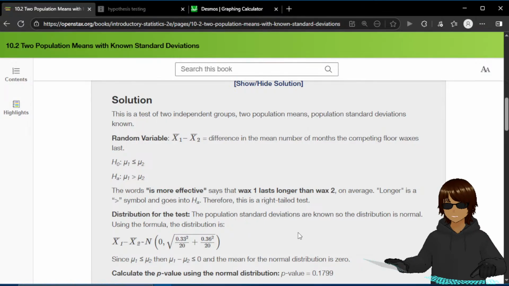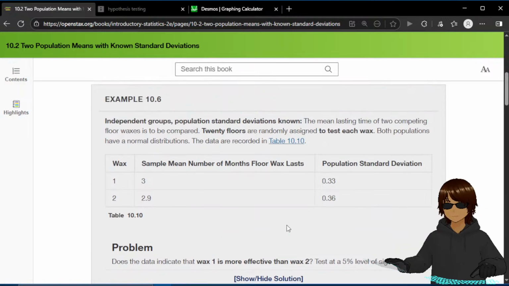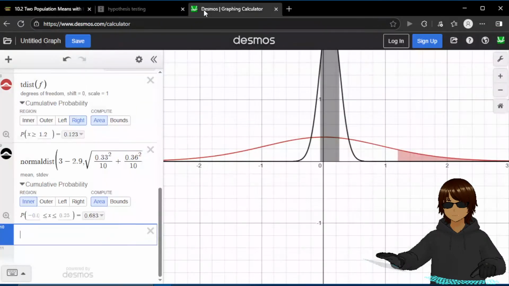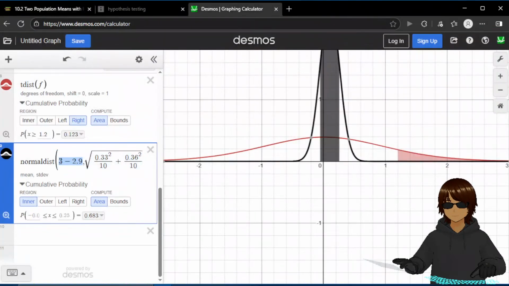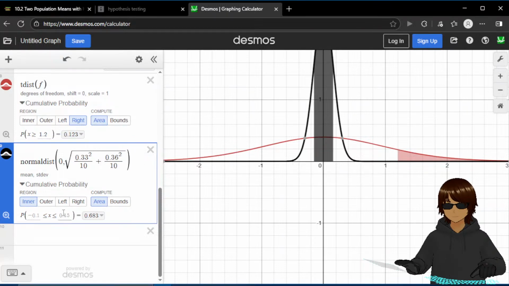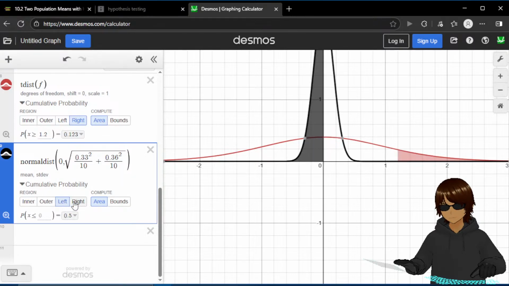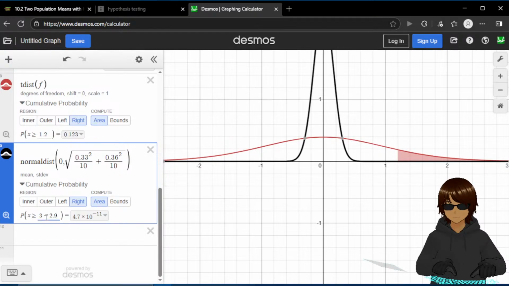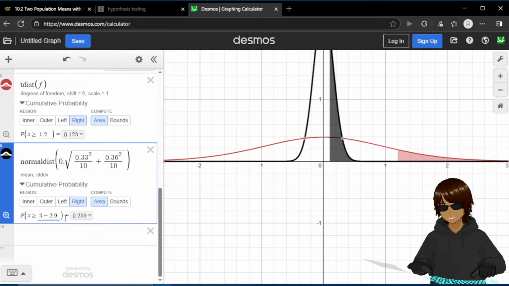The mean for the normal distribution is 0. So what is the null hypothesis, that both of them are equally good? 3 minus 2.9, 0.259.